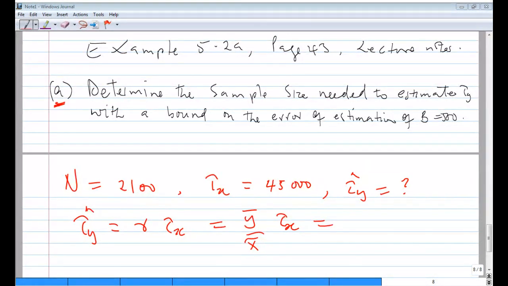Our x bar is 16.13, and y bar is 15.83. Then x bar is 16.13. Then multiply by tau x, 45,000, and give me the answer.